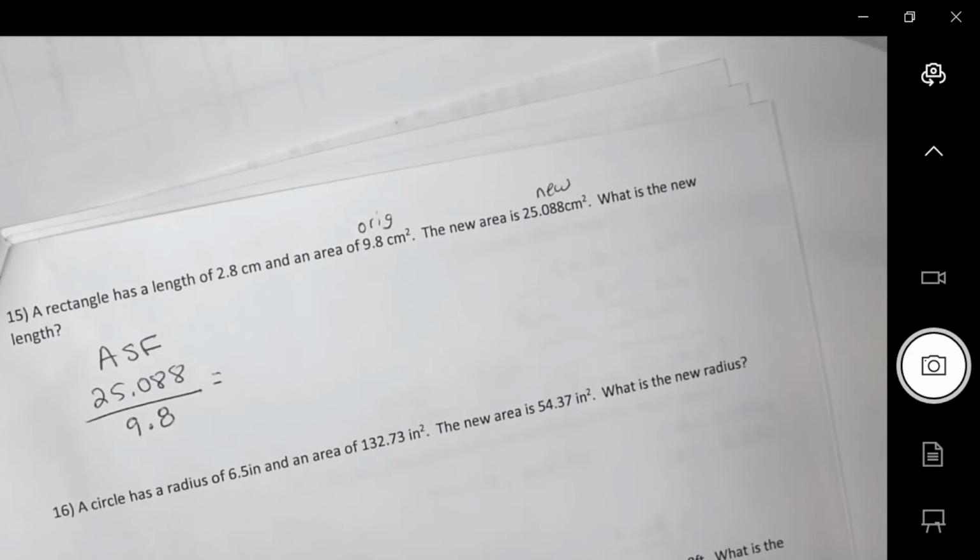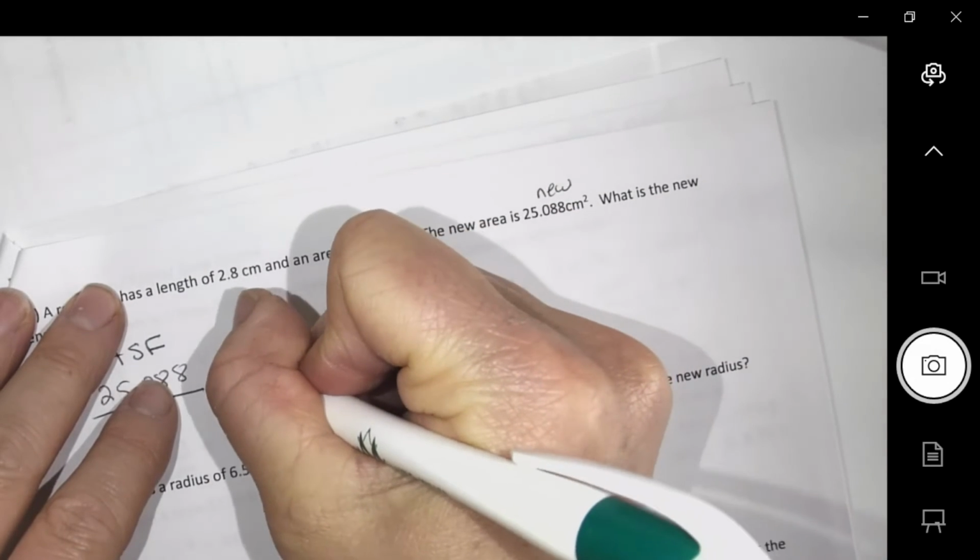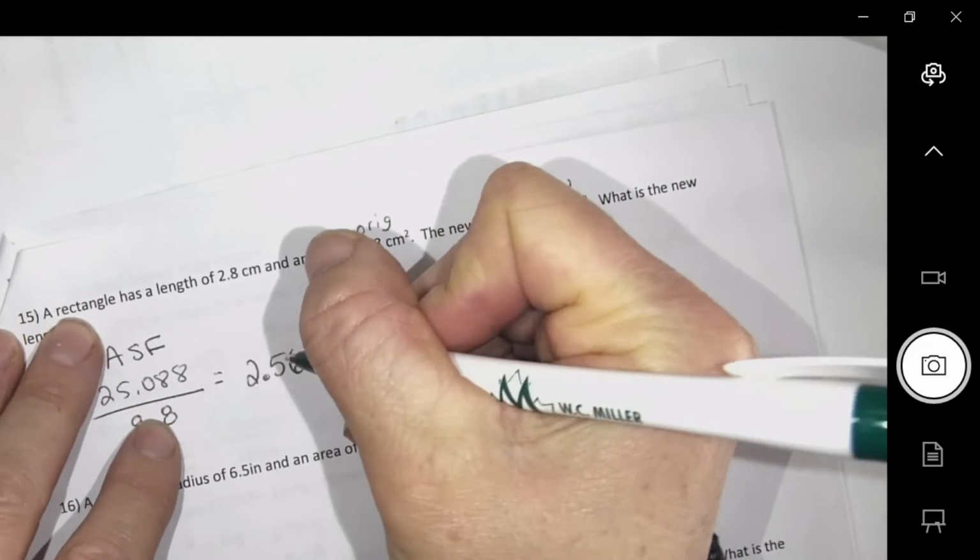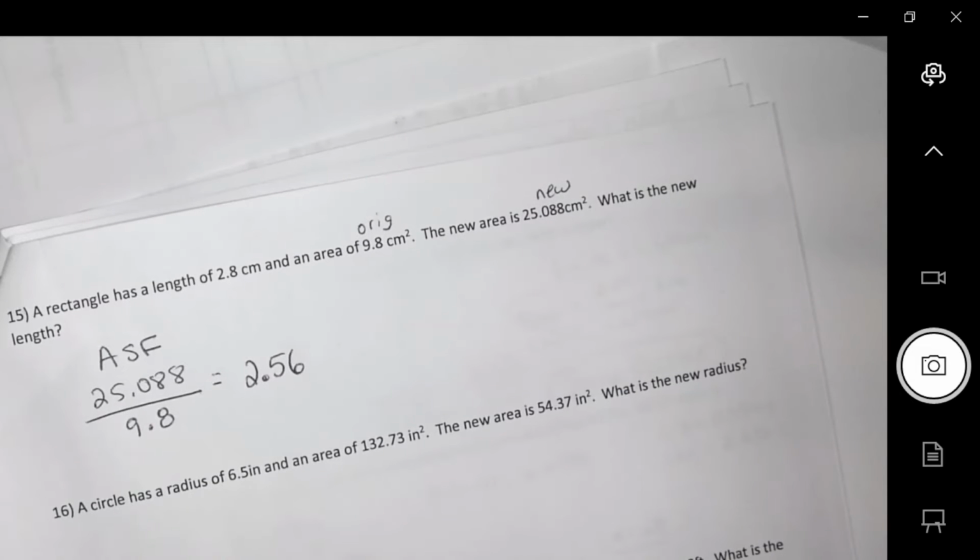The new area divided by the original area. So the area is 2.56 times greater. Okay?